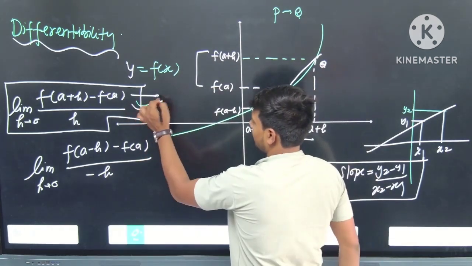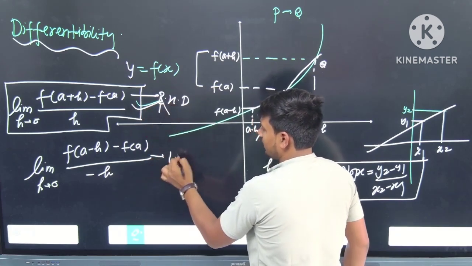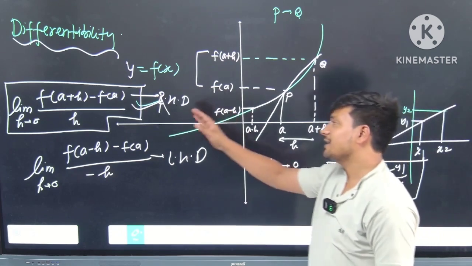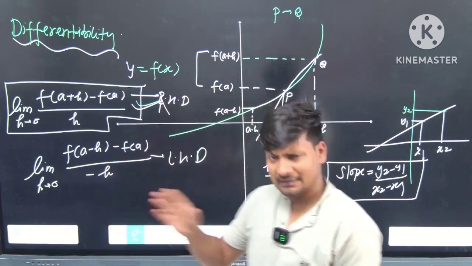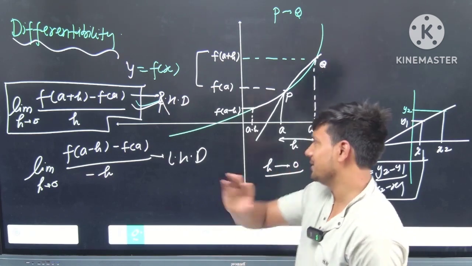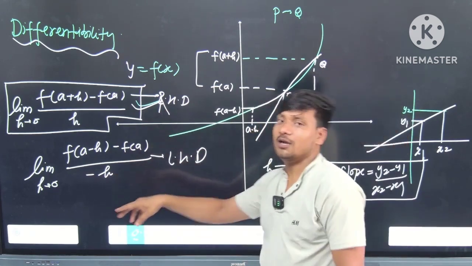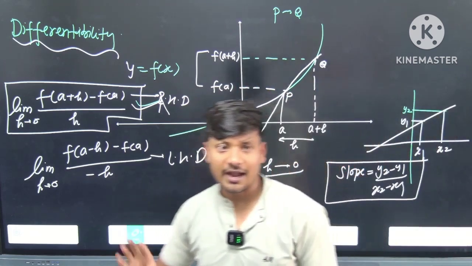This is called RHD, and this is called LHD: right hand derivative and left hand derivative. The right hand derivative gives the slope of the function from the right, which we can also call the right tangent, and this is the slope of the left tangent. If both are equal, then the function will be differentiable at that point.